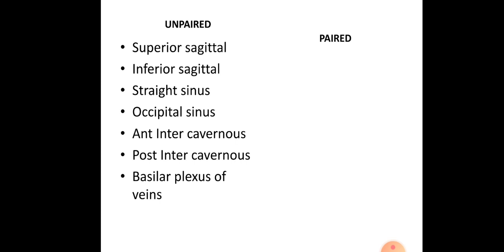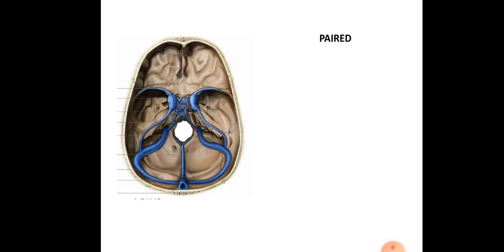Now about the paired sinuses seen on either side. We are taking a coronal section so that you can see the middle cranial fossa. In the diagram it is very prominent, but during dissection it cannot be seen this much. These are called the cavernous sinus. Then these are the transverse sinuses, right and left.